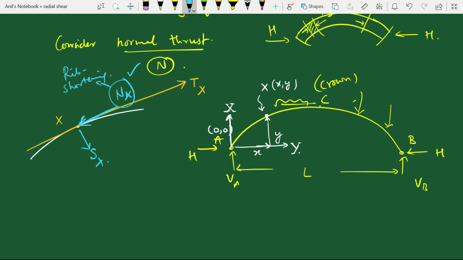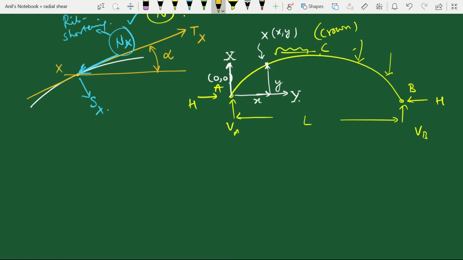Now let us say angle of this tangent with horizontal is alpha, and we have horizontal thrust Hx, then we have vertical shear Vx. So Nx can be expressed as Vx sin alpha plus Hx cos alpha.